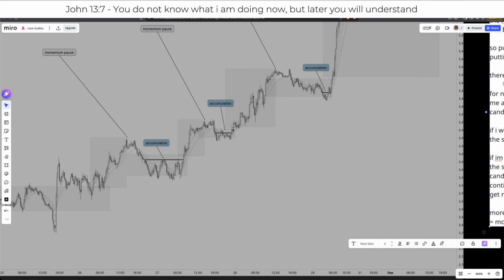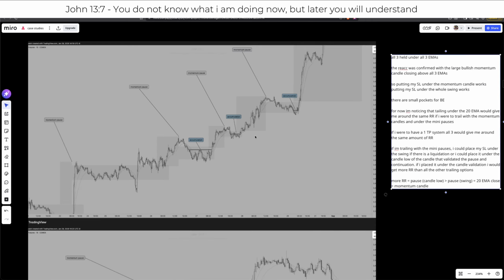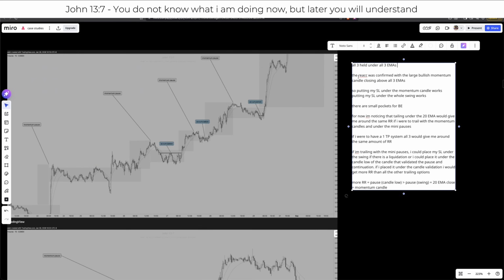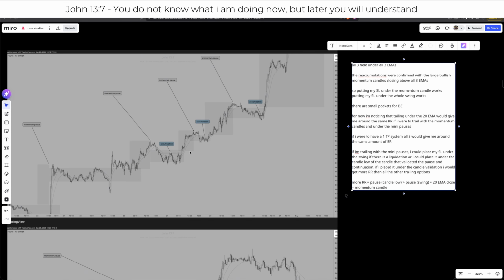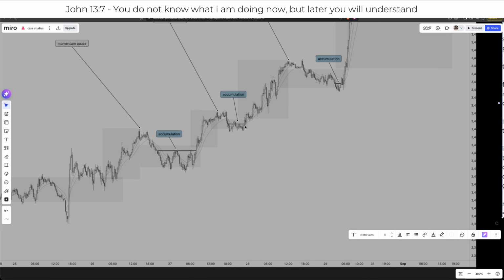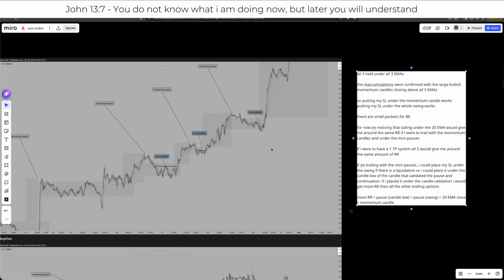The reaccumulation, large bullish candle, large bullish candle, large bullish candle. So putting my stop loss worked here. It worked here. It didn't work on the third one. However, the swing worked on all of them.